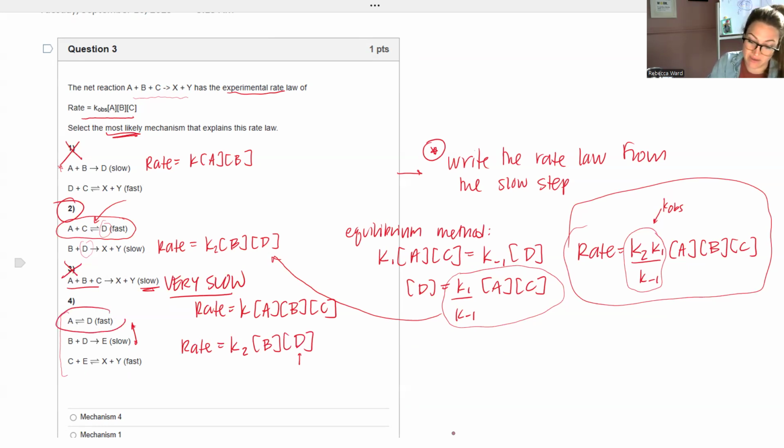So I'm going to go back and define it using the equilibrium method, just like we did for mechanism 2.